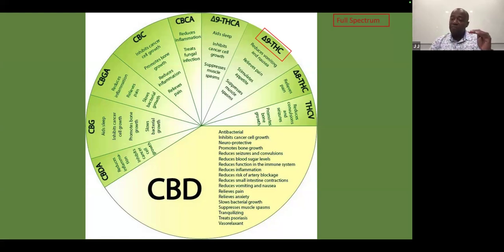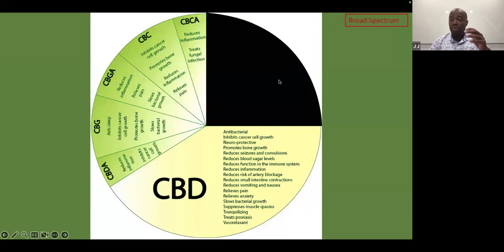And one step down from full spectrum, because full spectrum is the first term you need to know, the second term is something that we call broad spectrum, where we isolate certain molecules out. Technically, broad spectrum can be two or more cannabinoids, but typically, when people talk broad spectrum, they have taken the THC out, the different forms of THC, and they leave the other cannabinoids in.